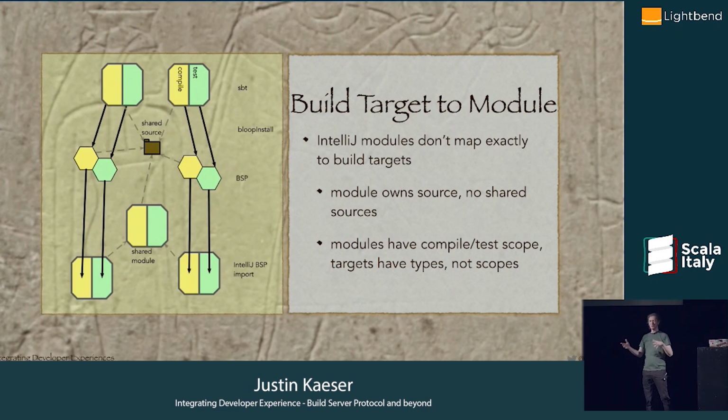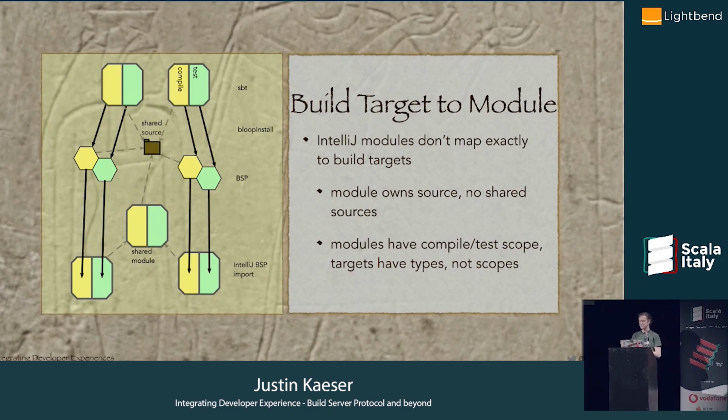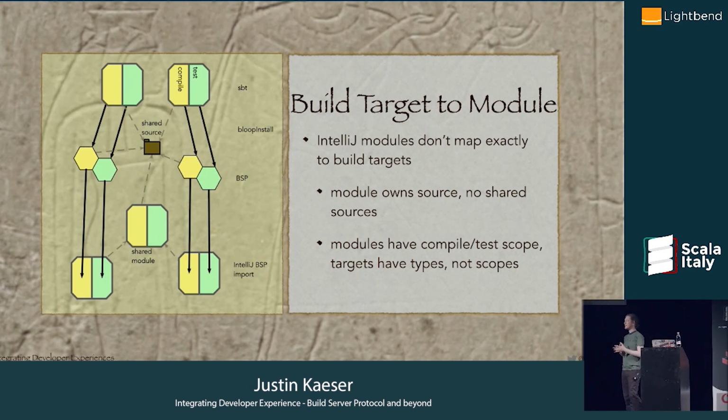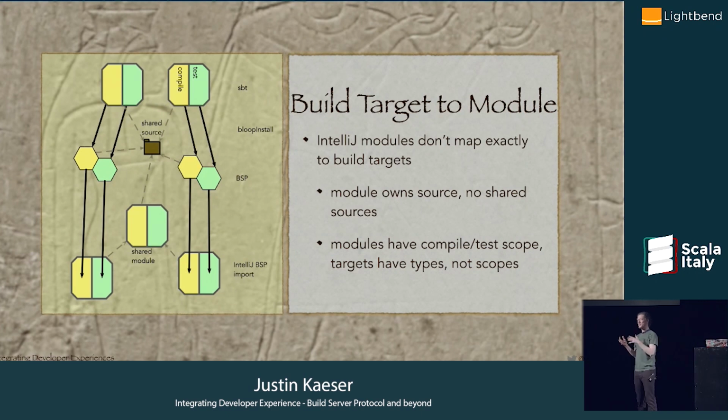And some have more specific models and assumptions, such as SBT by default defines a compile scope and a test scope for each project or sub-project. And BSP doesn't have scopes, it just has targets. So if we want to map an SBT project to BSP, what we do is create separate targets for the compile and for the test scope and dependencies between them.